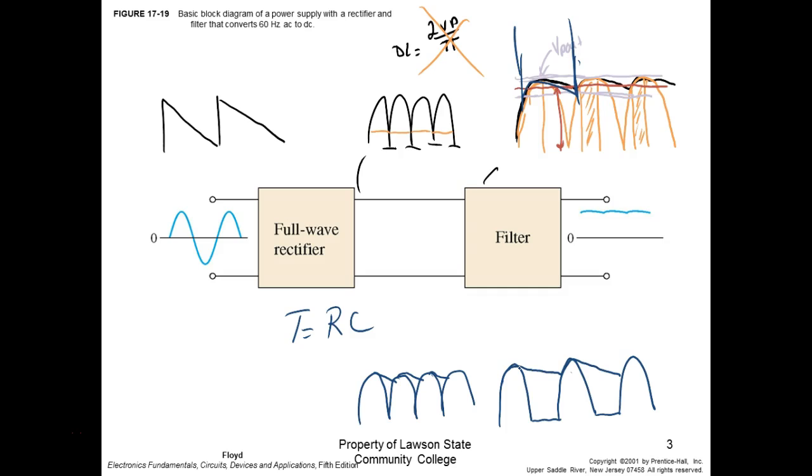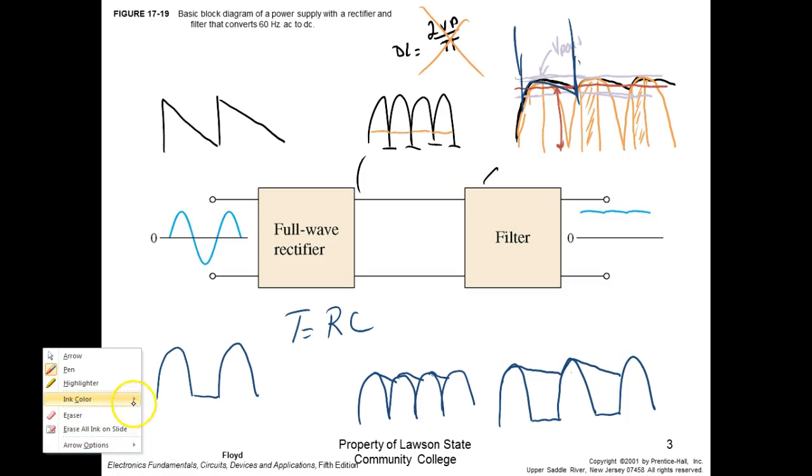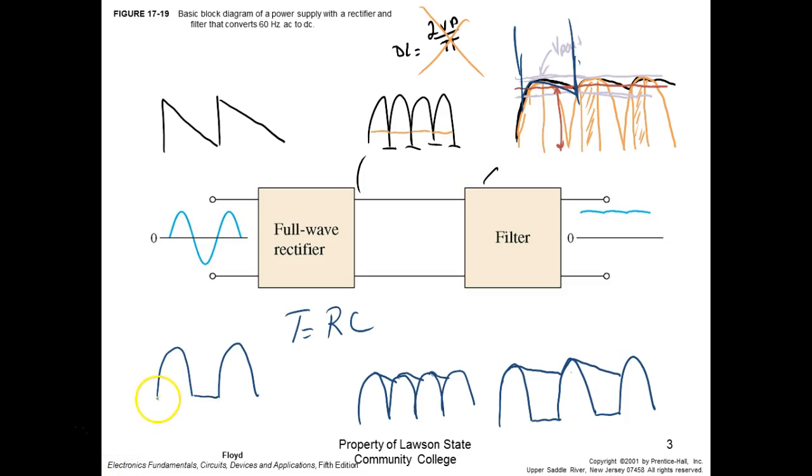No, it's a good point. So what is frequency? What is the period of the waveform? It's the time for one repetition. So if I half wave rectify this, I get this. This would be my input if it's running at 60 cycles.